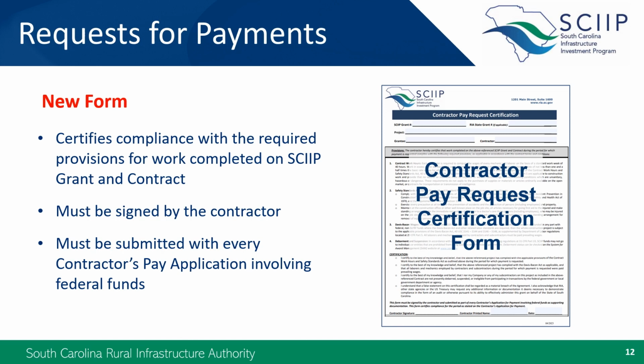The provisions include contract work hours, which basically requires workers to be compensated at a rate of 1.5 times the basic rate of pay for hours worked in excess of 40 hours in a work week. The Safety Standards Act, which ensures compliance with safety standards requirements of OSHA, Title 29, etc. Davis-Bacon wages.